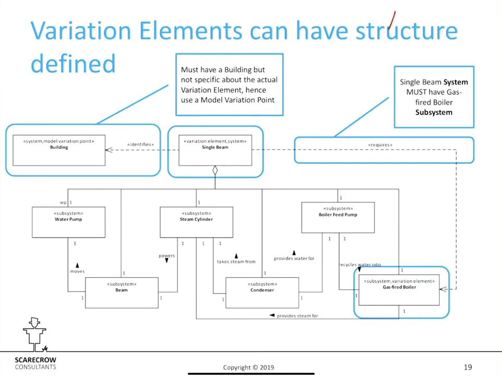We've used the abstract model variation point, and this says that we actually don't care what kind of building it goes in. So it absolutely has to be in a building, but we don't care what it is, and we know we don't care because that's a model variation point and not a variation element. Right?